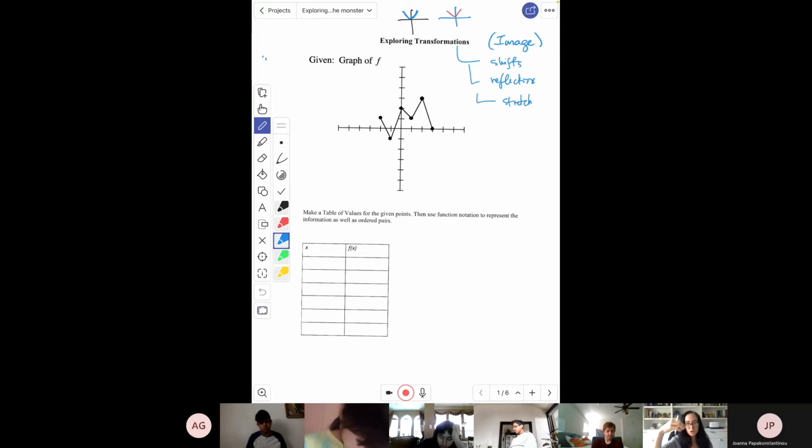So we have vertical stretches when we make it narrower, or we have vertical compressions. Are those ringing bells? We remember those terms? Vertical stretches make the graph more narrow. Vertical compressions push it down towards the x-axis. You also have horizontal stretches and horizontal compressions, making it wider and narrower horizontally.